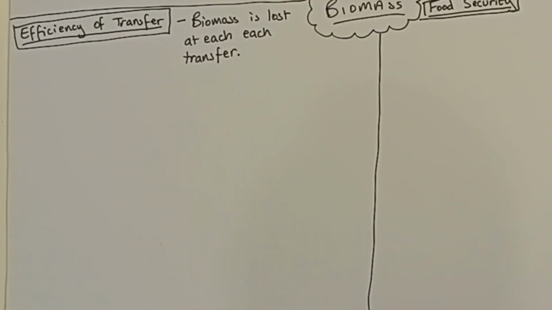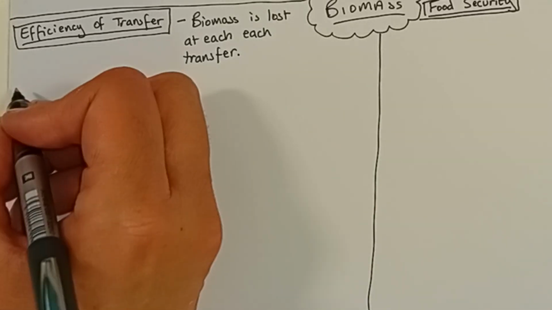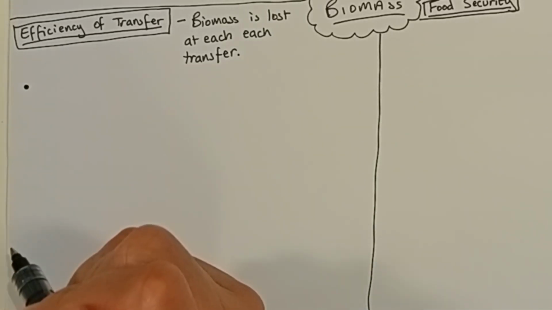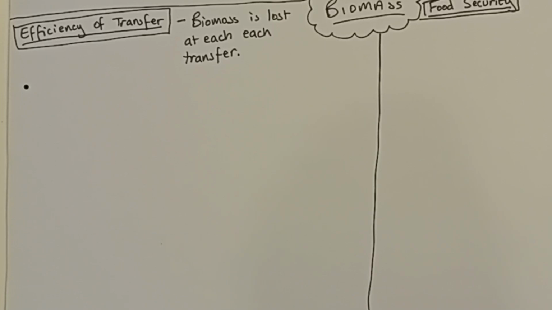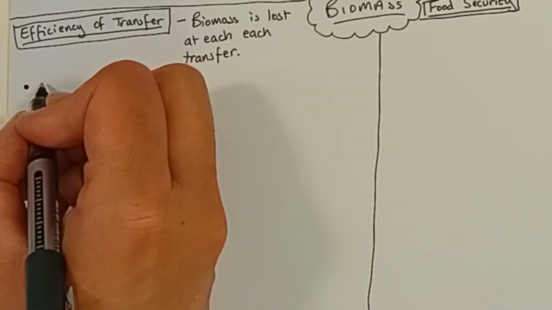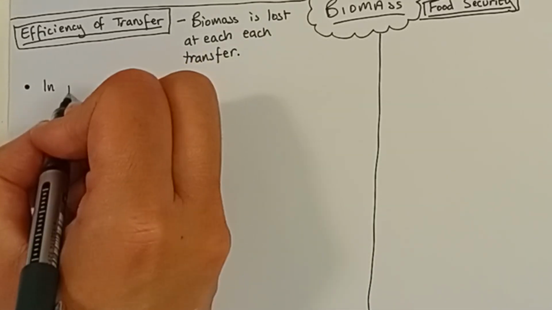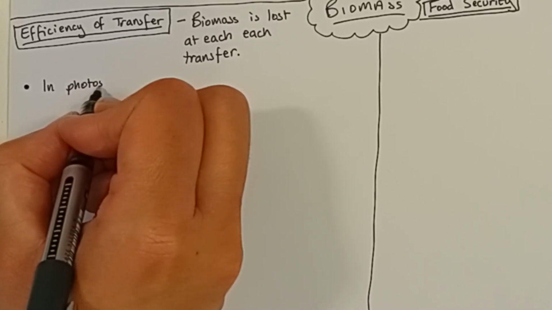And the reasons for that are things like light hitting the plant. During photosynthesis, only about 1% of the light is transferred to glucose, which is then made into protein or whatever else. So only 1% in photosynthesis.